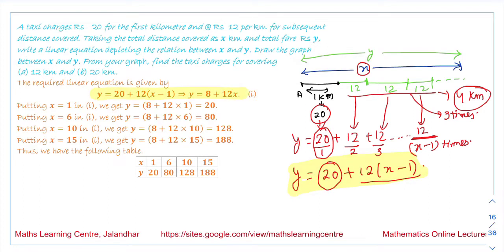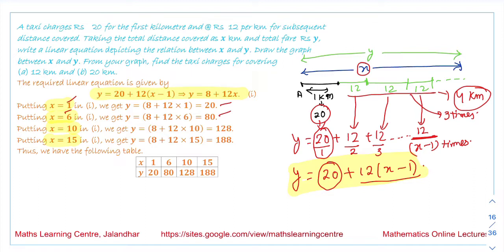Now the next thing we have to do is draw the graph between x and y. To plot the graph, we have calculated the values of y corresponding to values of x. For x is equal to 1, we obtain y is equal to 20.